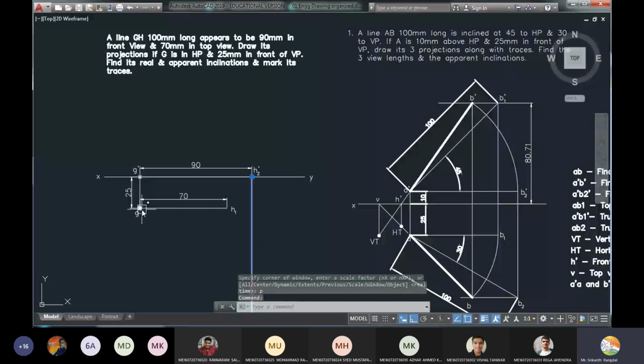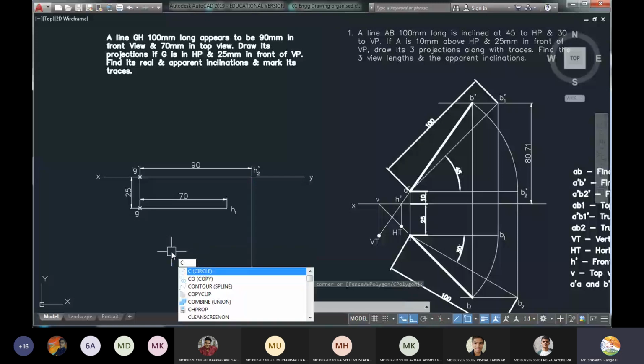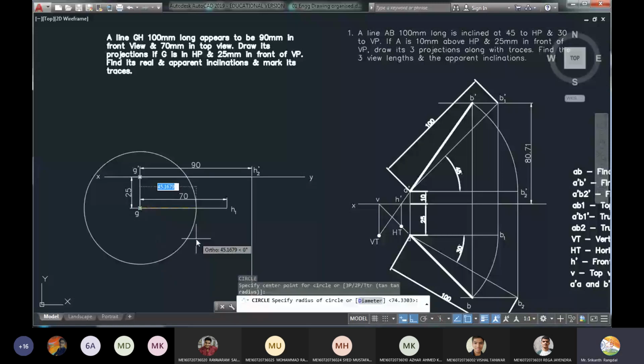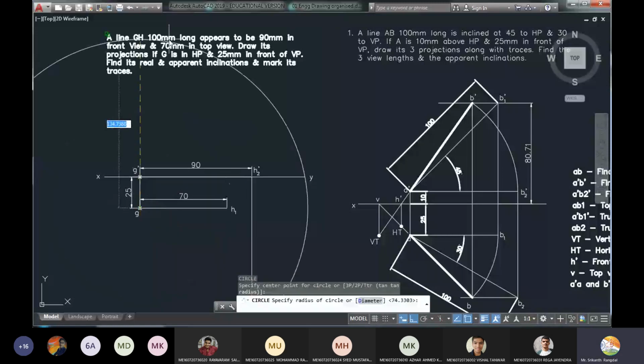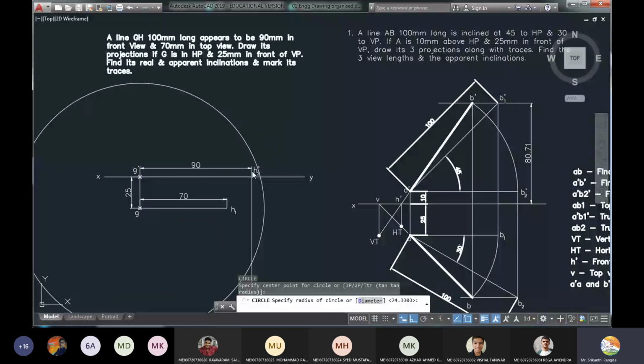How to do that? Anyone? A circle. The radius of a circle is the same in every direction, right? So take a circle of radius 100. The intersection point of this circle and this line is the point we need.